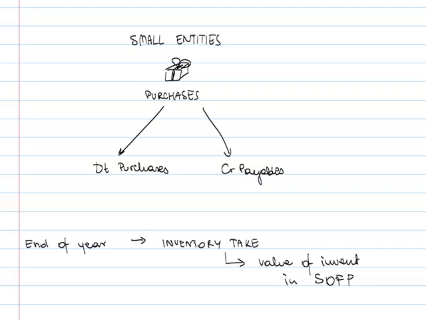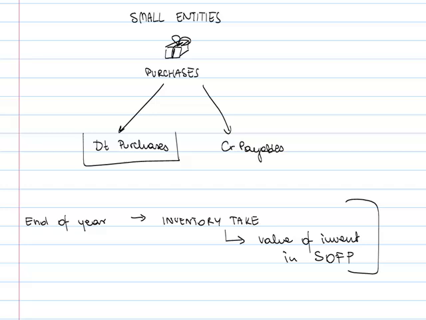So rather than taking it from the T accounts, which are maintained from month to month, a small entity will probably put all inventory into purchases and at the end just take a stock take and put in the balance sheet whatever they find there.